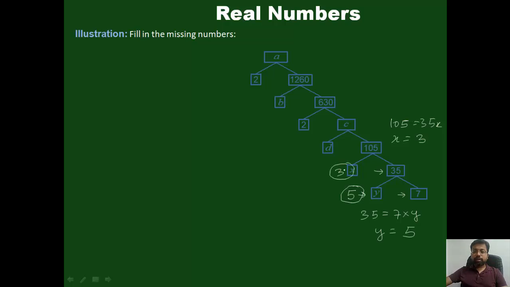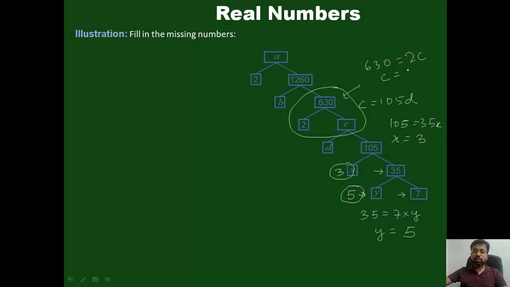This is very simple. Now, here we don't have the next number. So you have c is equal to 105 into d. So there are two unknowns. So we cannot find out both using one equation. So we don't find out d in this step. We go to the next parent and child node system. What do you have here? From here you have 630 is equal to 2c.